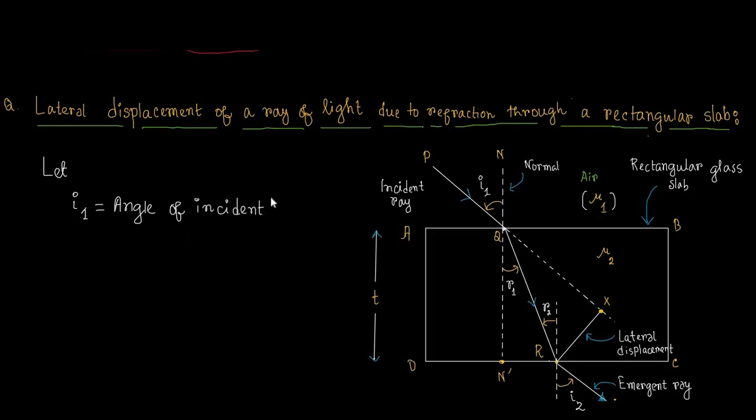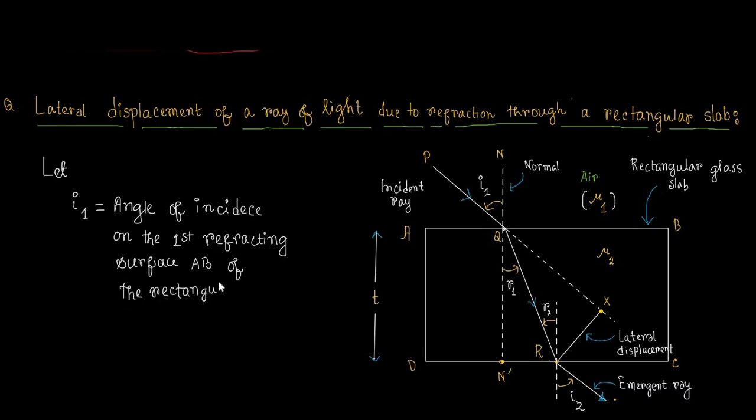I1 is the angle of incidence on the first refracting surface of the rectangular glass slab ABCD.